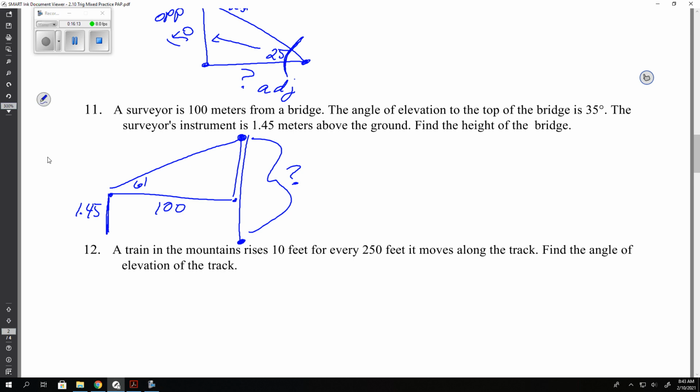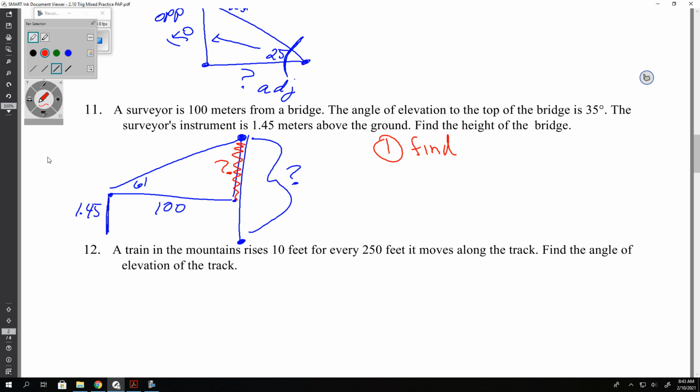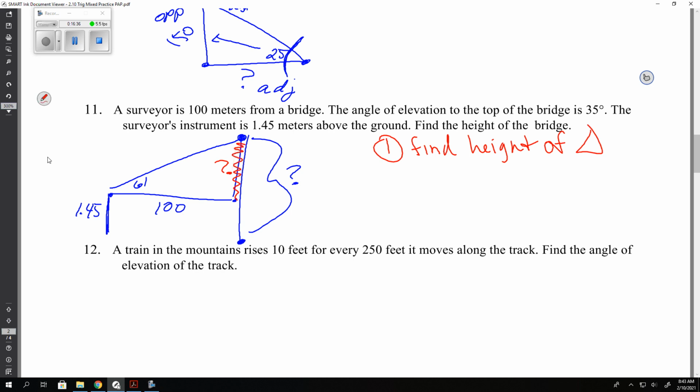So y'all see, we're gonna first deal with the triangle, right? We're gonna find this part of the triangle, the height of the triangle. That's what we're gonna find first. So step 1, find height of the triangle. And then, to get the actual height of the bridge, we're going to have to add 1.45, y'all.